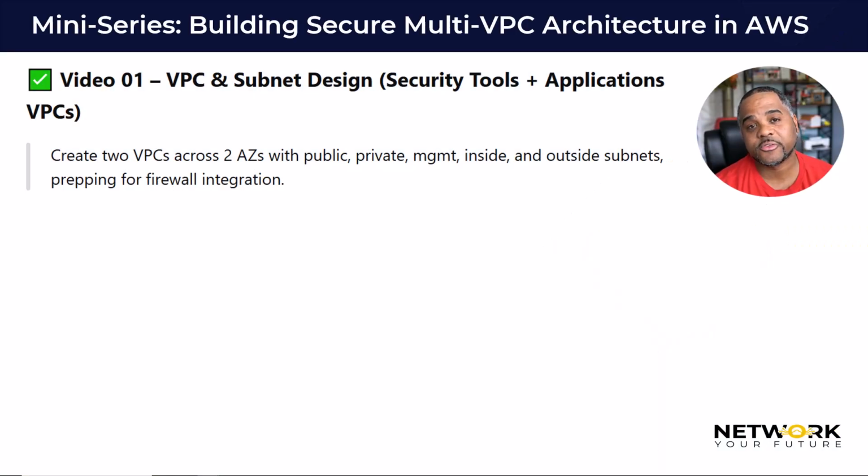So in our very first video, we're going to lay the groundwork for our network infrastructure, and we're going to have two VPCs, one where the security tools, aka the firewall, will sit, and another for the applications. Of course, we're going to have a few different subnets in that firewall zone for the security tools, and probably management and data for that applications VPC.